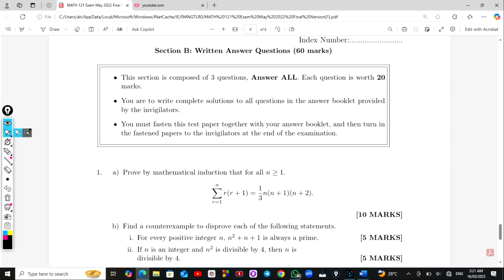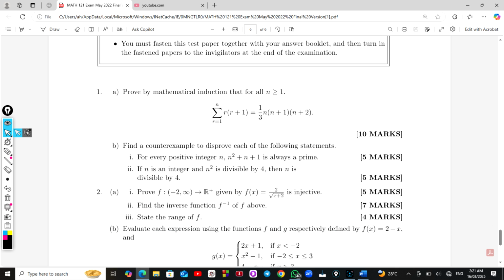So as you prepare for your internal assessment, we've been pre-informed that mathematical induction will not be part of the internal assessment tomorrow.